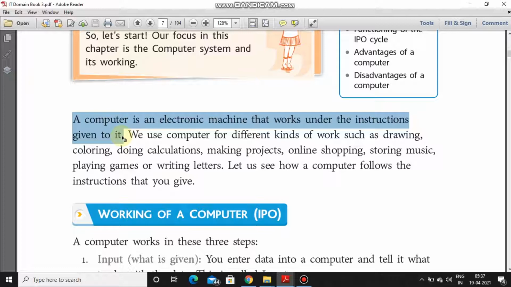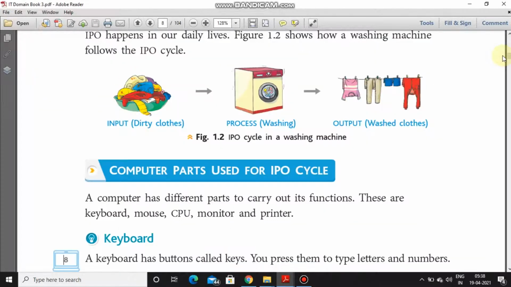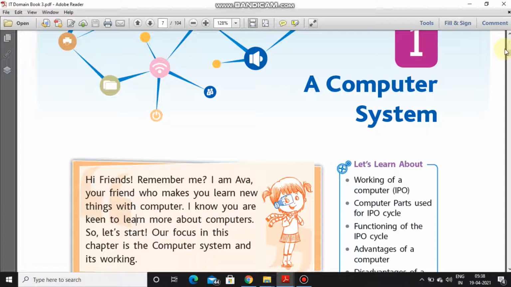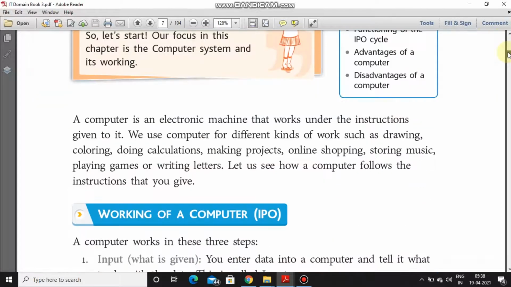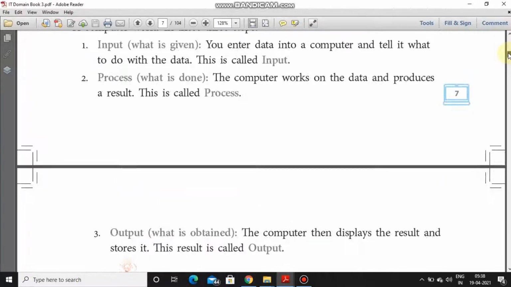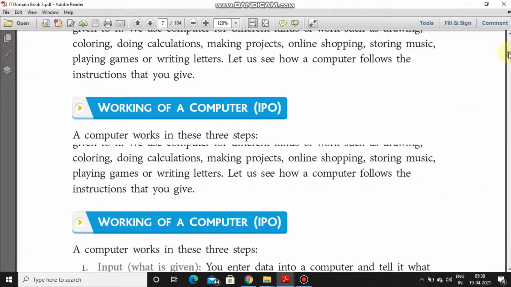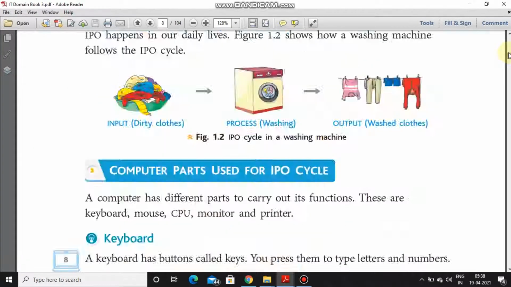These computers have different uses in different parts of life. Computers are used in school, in offices, at home, and there are many areas where computers are now being used for doing different work.